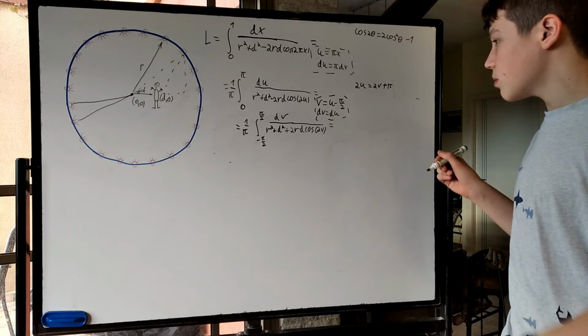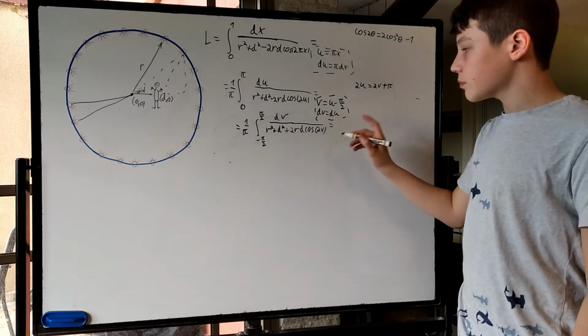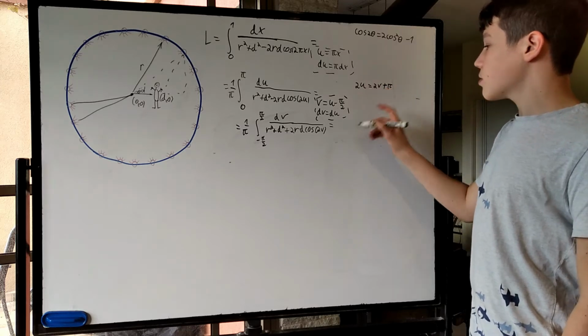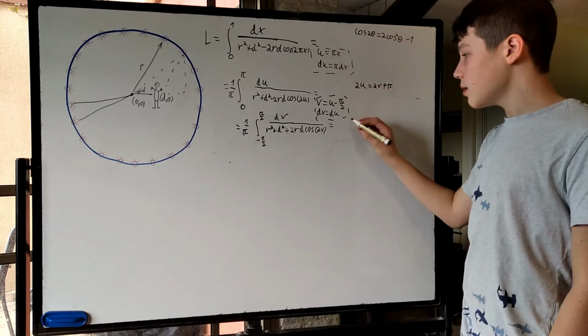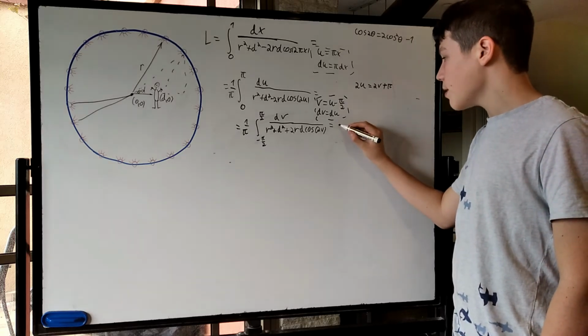And now I will use this formula to turn this into just a cosine v, because cosine squared v will be nicer to work with here.